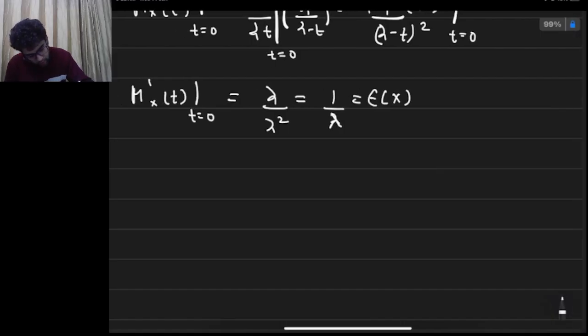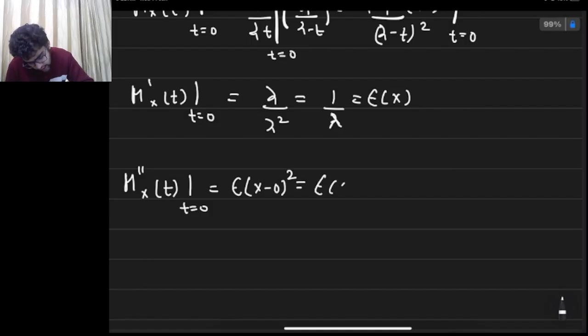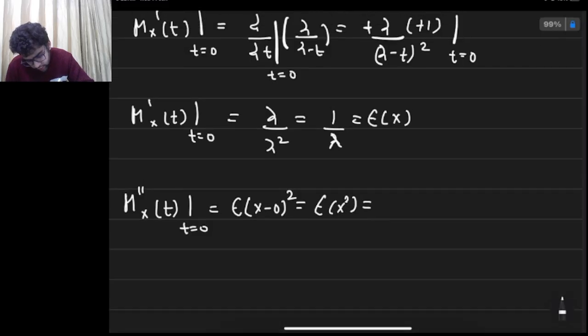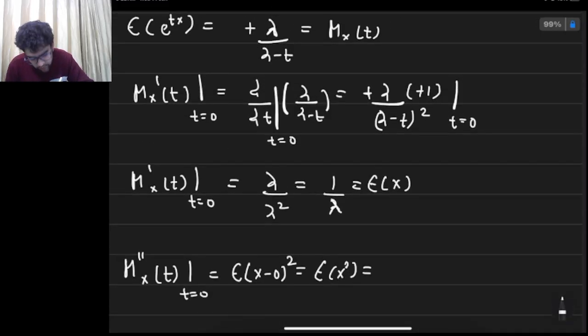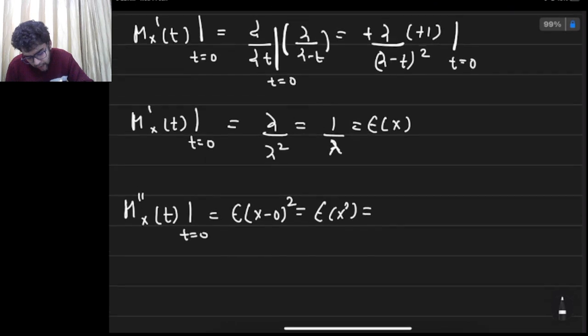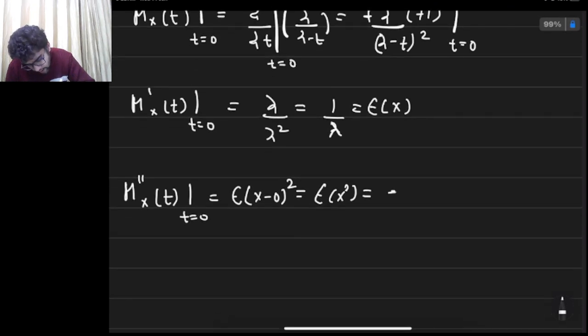Now if I find the second derivative and I equate t equals 0, I'll be getting E(X minus 0) whole square, which is E(X square). If I show you, this will be lambda upon lambda minus t whole square, so I'll be getting minus 2 lambda minus t whole cube, and this will be negative 1, so negative becomes positive, and my t should be 0 here.